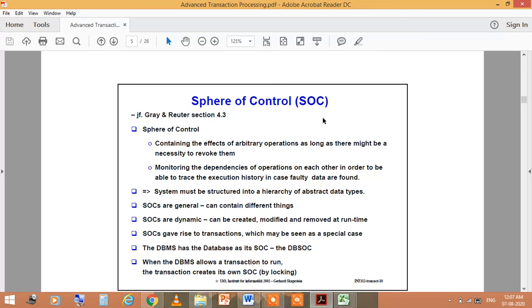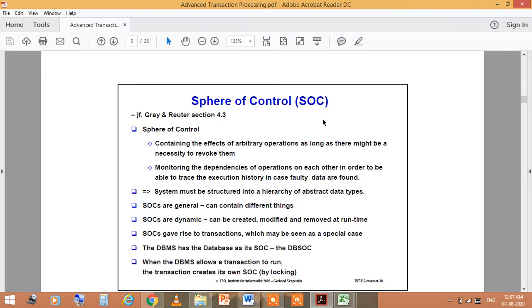Another is monitoring the dependencies of operations on each other, in order to be able to trace the execution history in the case of faulty data. So here you see SOCs are general and can contain different things.